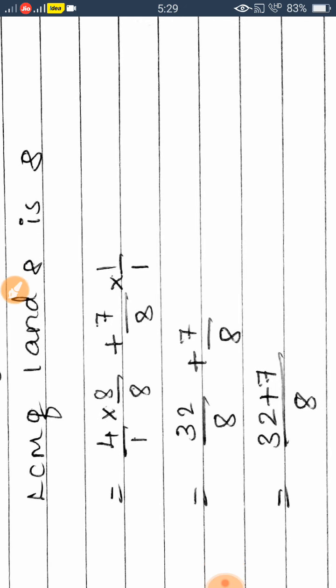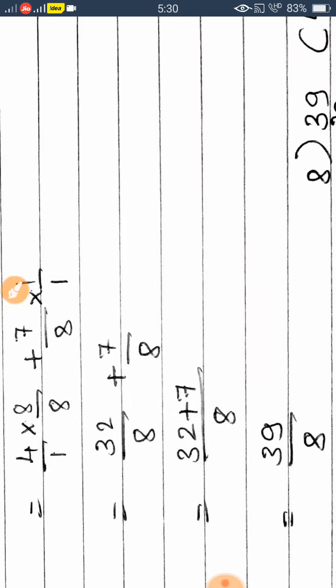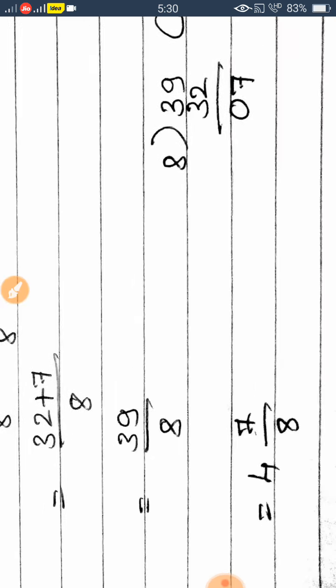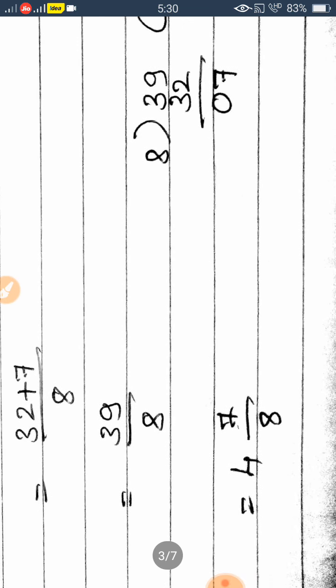It becomes 39 by 8. Then again, this is an improper fraction. We can convert it to a mixed fraction. How?